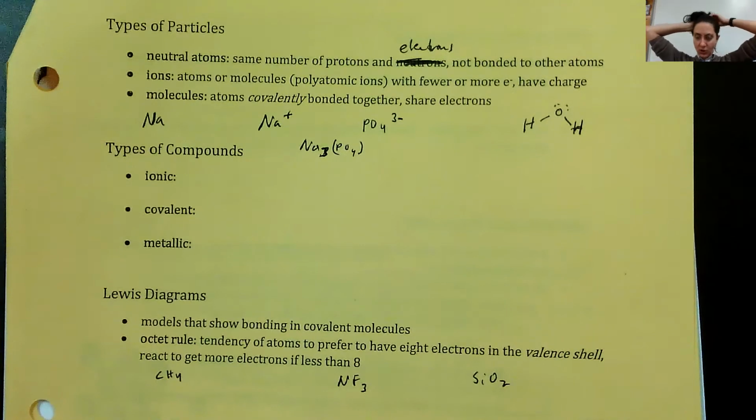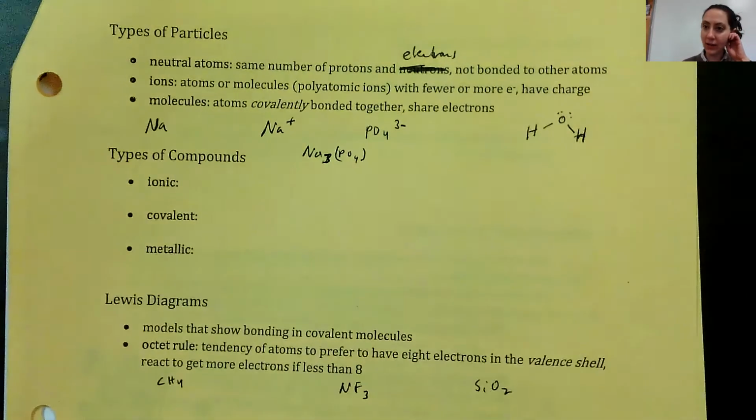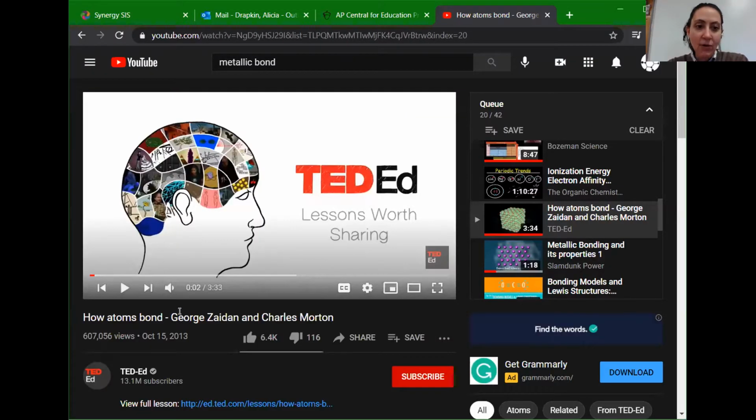Okay, so the next thing to think about are compounds. As soon as particles start coming together, they form compounds. We've already seen 2 examples here of ionic compounds and covalent compounds. To help you with this one, let's hop into YouTube real quick. I'll show you, there's a great video for this. It's this one, How Atoms Bond.